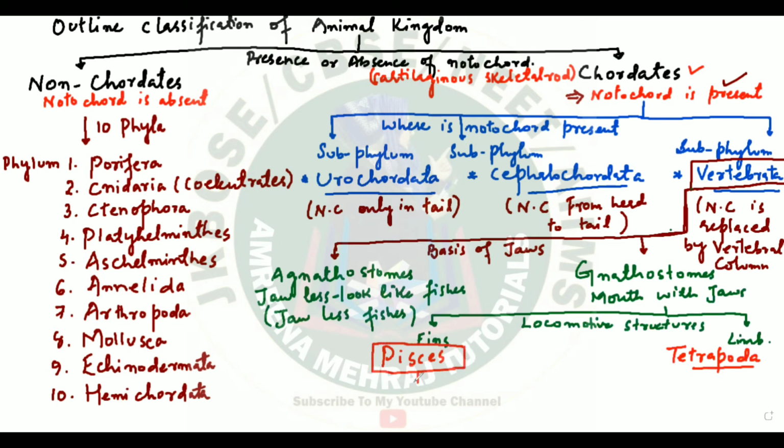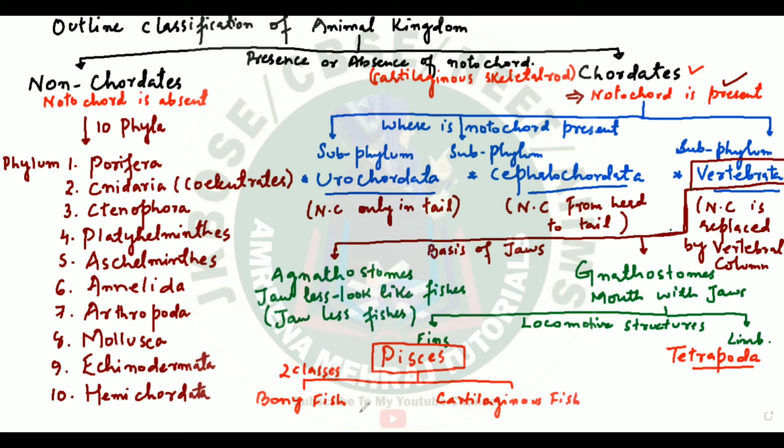Now, Pisces or fishes, which have fins for locomotion, you can divide into two classes. One is called the bony fishes, which have a bony endoskeleton, and the other is the cartilaginous fishes.